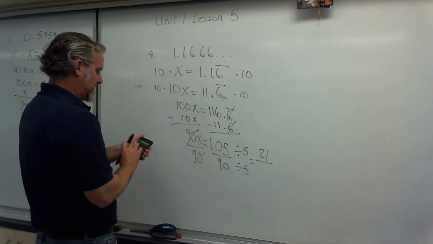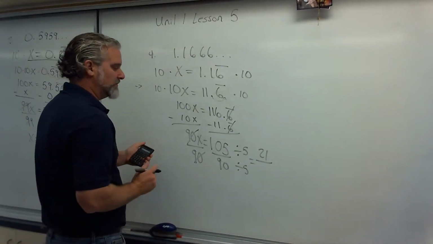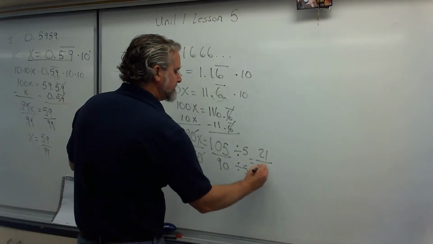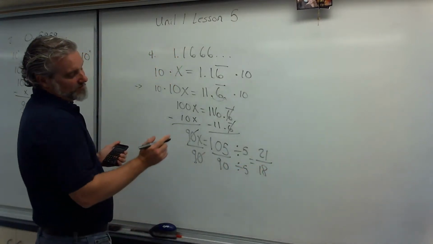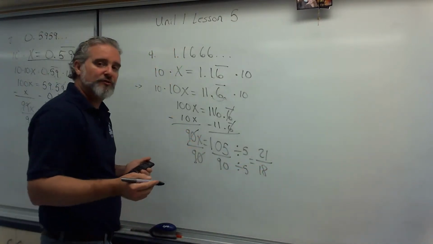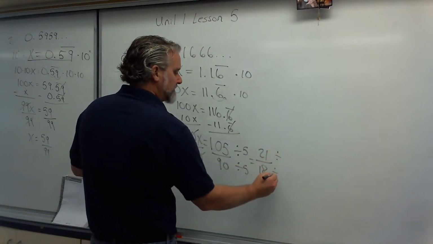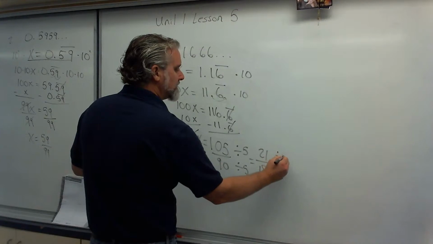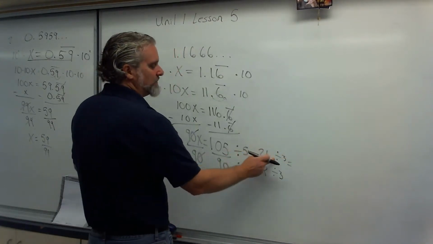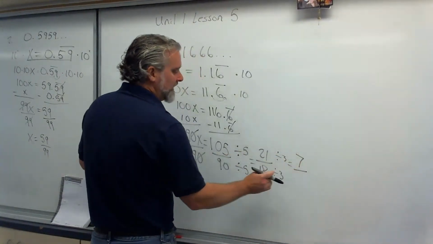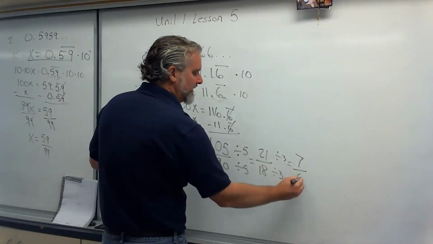And 90 divided by 5 equals 18. Now I see 21 and 18 are both divisible by 3. So I'm going to go ahead and divide both top and bottom by 3. 21 divided by 3 is 7. And 18 divided by 3 is 6.